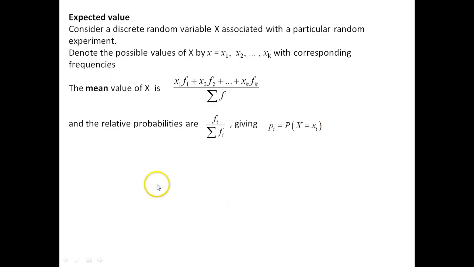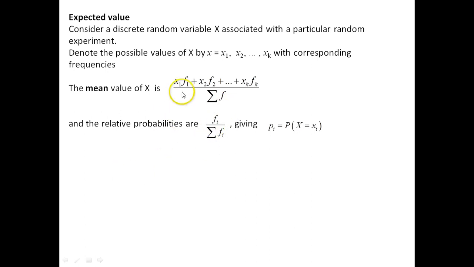Now the expected value of a discrete random variable. Denote the possible values, the observed values, as x1, x2, and so on up to xk with corresponding frequencies. Then the mean value would be the sum of each x with its frequency divided by the sum of f.